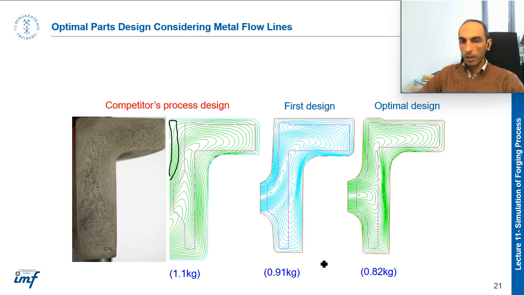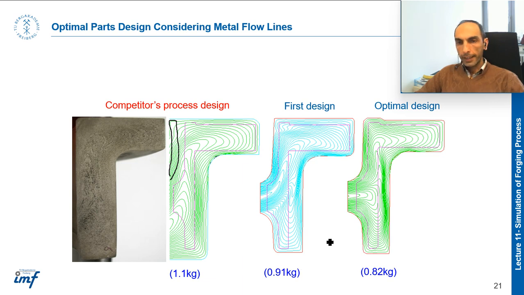Maybe you think 200 grams is not too much, but it is, because as I said before, forging is mass production. We're talking about a million parts or above. So even a small reduction of weight would be helpful for the manufacturer.